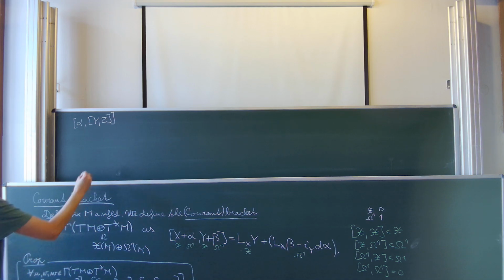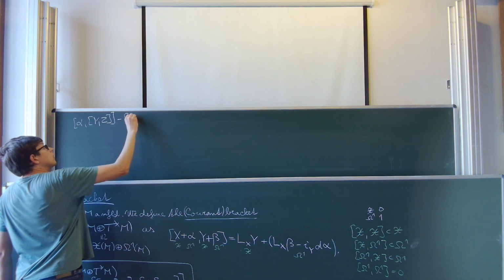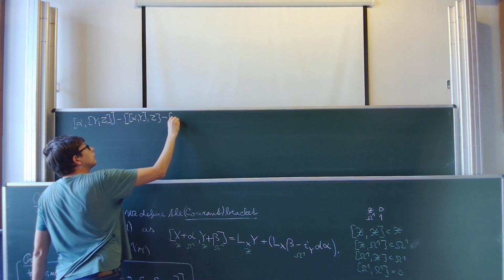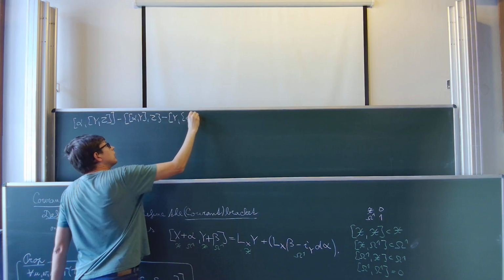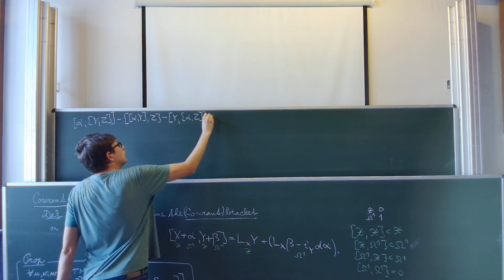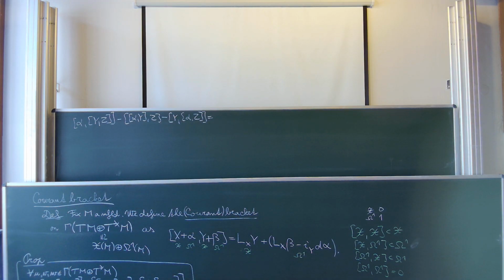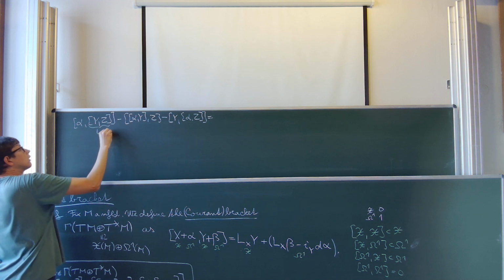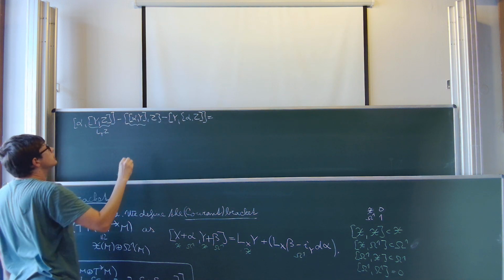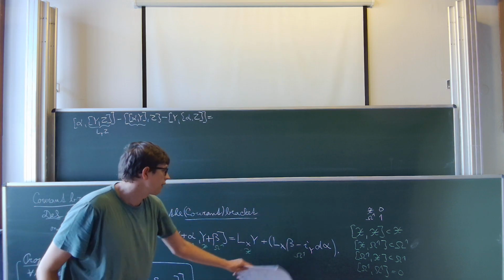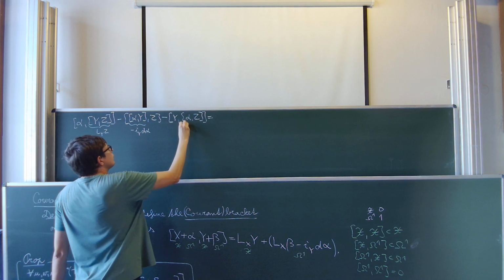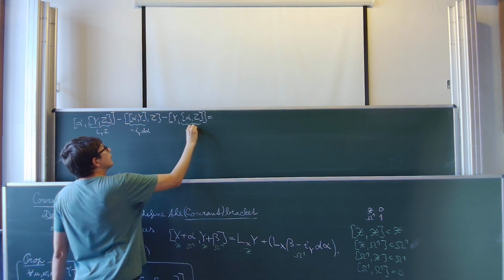So let me put this thing on the left, and then I get alpha of Y Z minus Y alpha Z. And now let's just plug this thing in. So this thing is simply the Lie bracket. This thing is simply this bit, so minus I Y of d alpha. And this thing similarly, minus I Z d alpha.